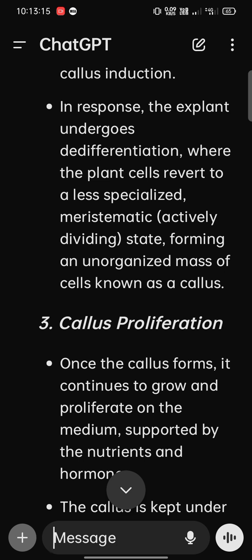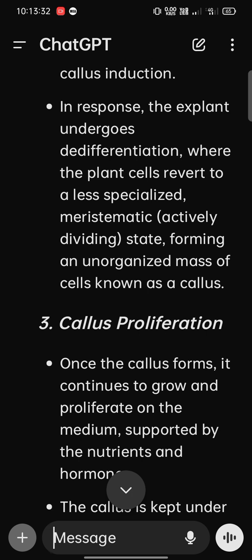In response, the explant undergoes de-differentiation. De-differentiation means that a plant cell reverts to a less specialized, meristematic state. Earlier, the cell taken from the leaf, stem and so on is a more specialized one.